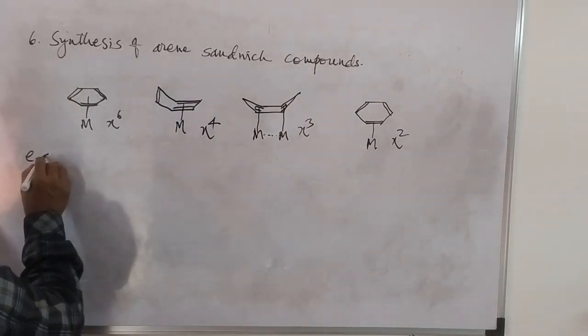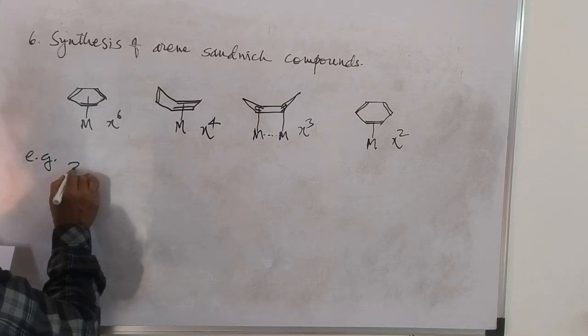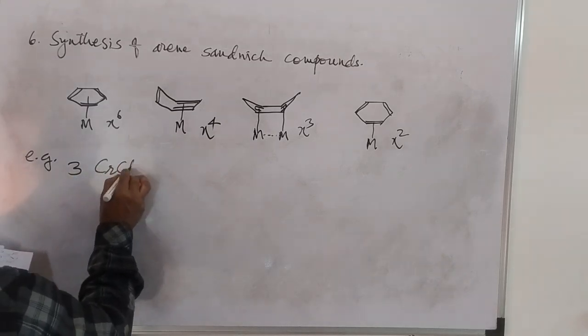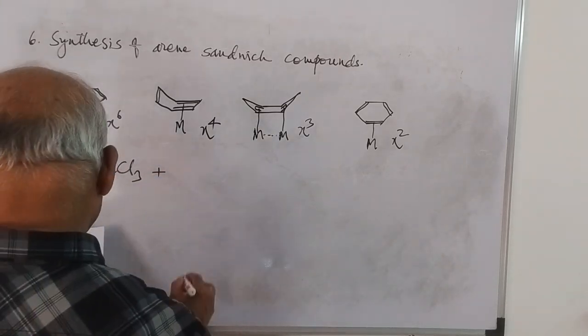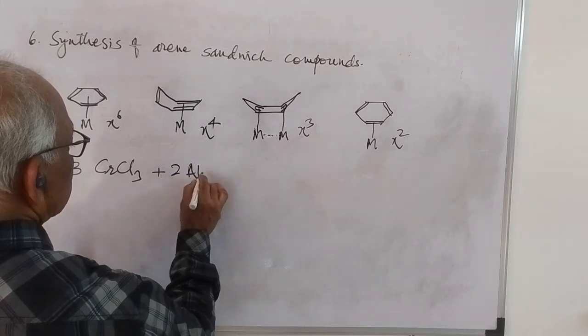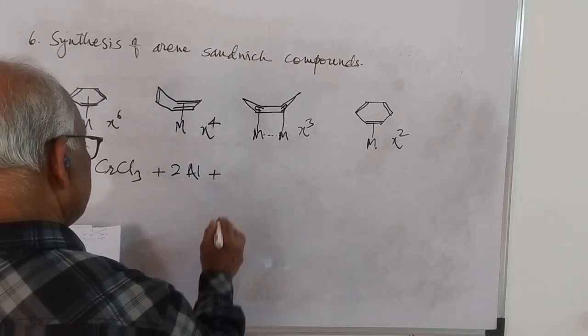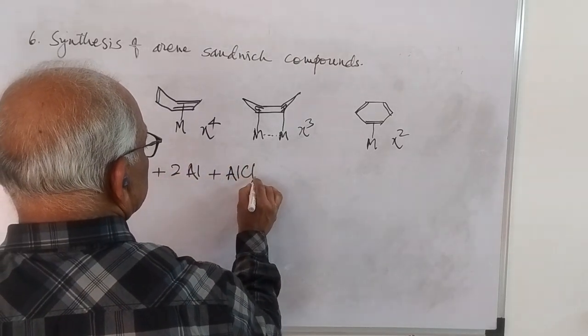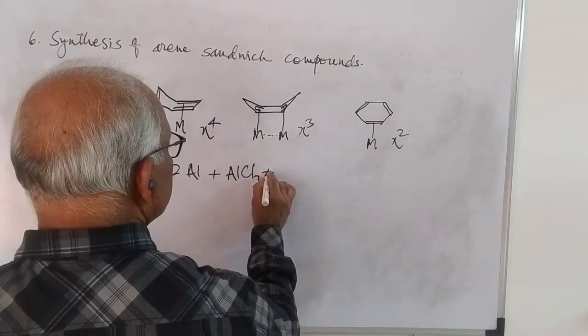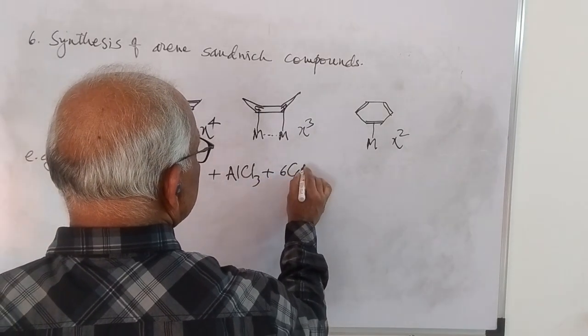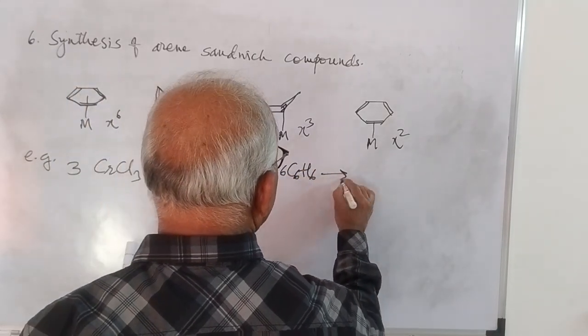Now we will see an example in the synthesis, that is CrCl3 plus Al plus AlCl3 plus 6 C6H6.